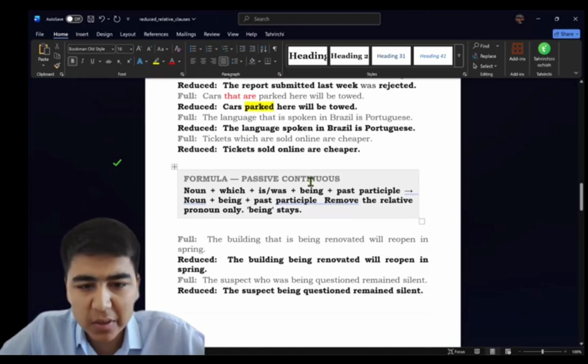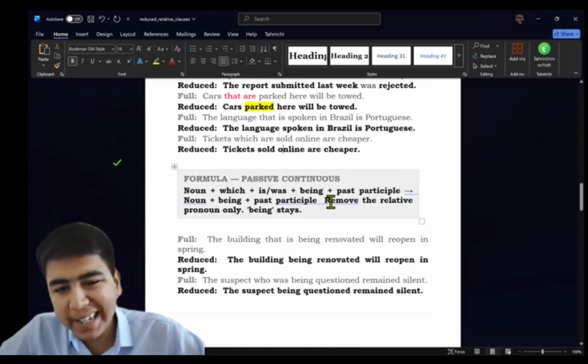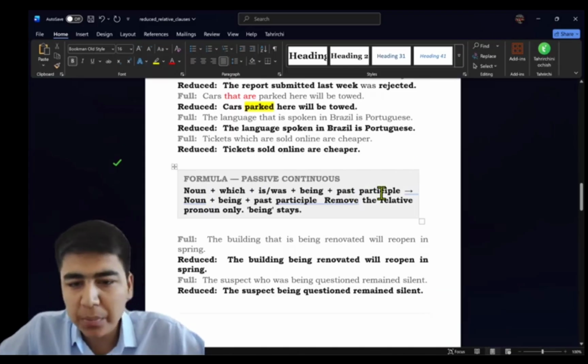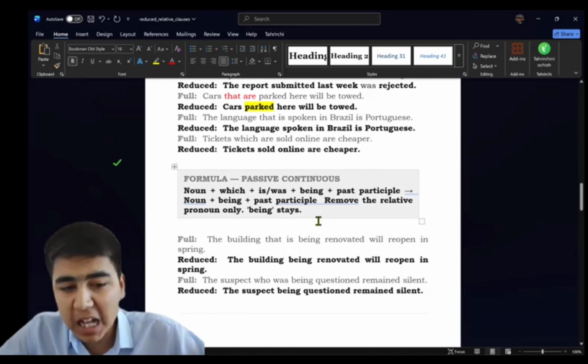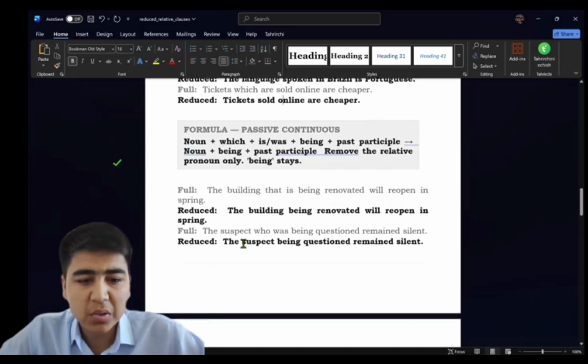So passive continuous form, noun and which is being done, especially past participle, will be like noun being done. We will delete which and to be. Remove the relative pronoun only and if possible to be. So look at this example.